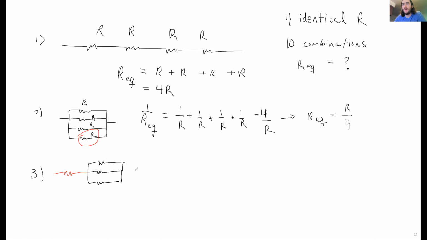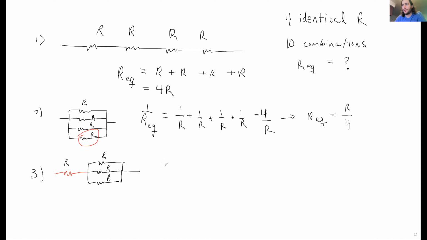So this would be a new combination. It's not 4 in series, it's not 4 in parallel, it's 1 in series with 3 in parallel. They're all identical resistors, and now you have to apply the same rules to calculate REQ. So I'll just get you started here on this one.